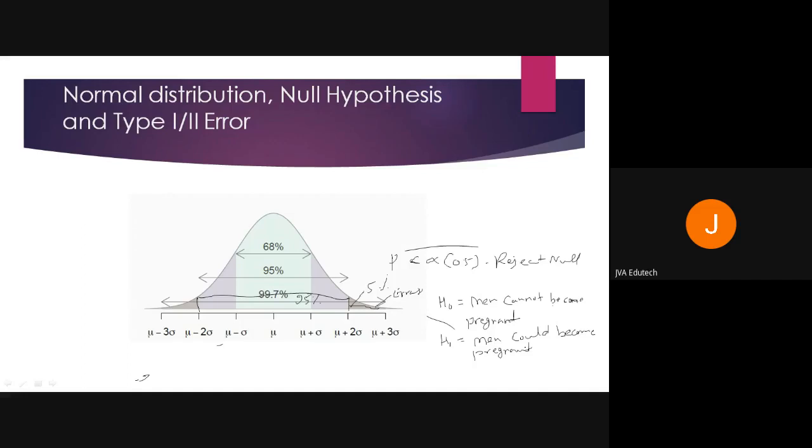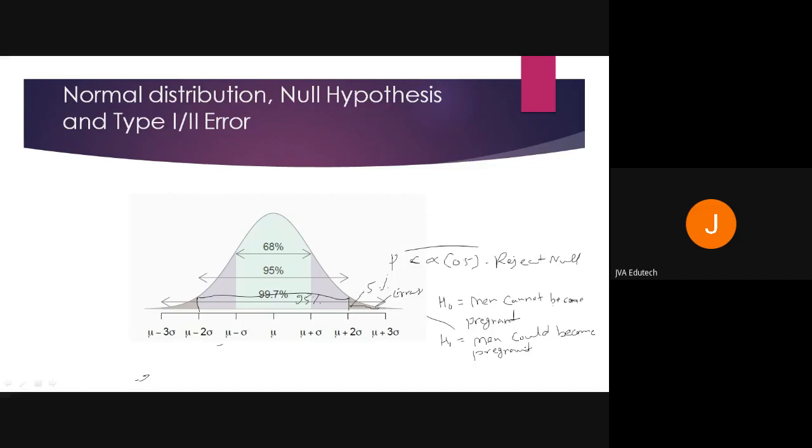If p is greater than alpha, it means it is falling in the zone of 5% or more. That is, whatever I am testing in my population, that is happening by chance, and I can say it's an error estimate that I am making, and in that case it will fall into 5% and I will accept the null hypothesis. Now this is the basis of accepting and rejecting the null hypothesis.